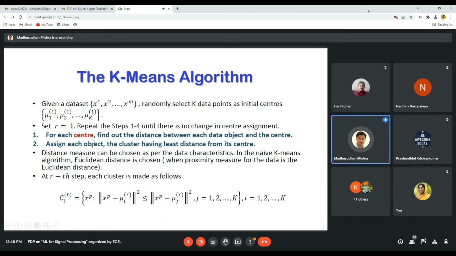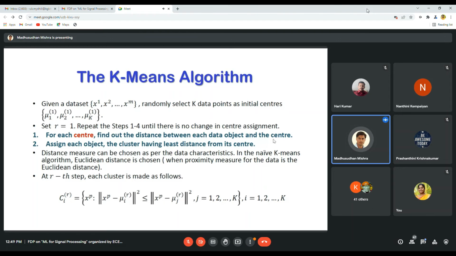For each center, find the distance between each object and the center. It is analogous to, say, a room with 50 people. After some time we will find that they make some groups based on certain common characteristics. In the k-means algorithm, we do a similar thing.